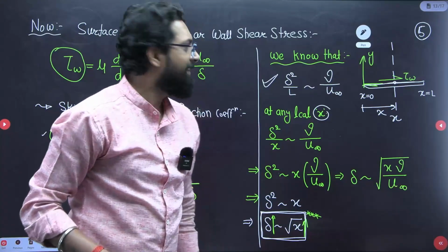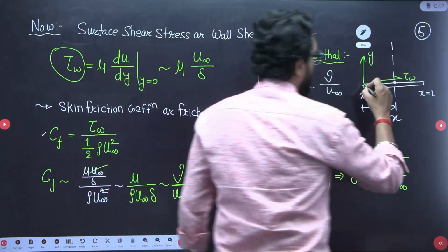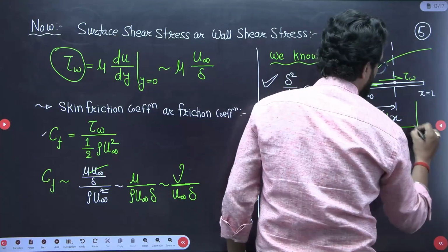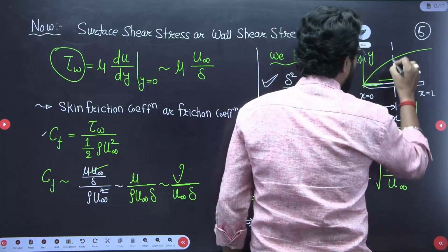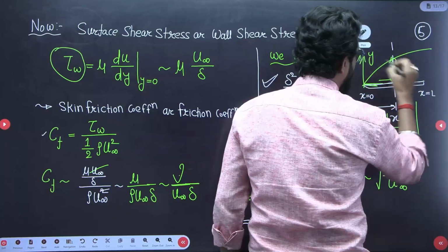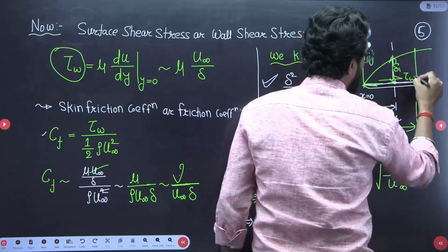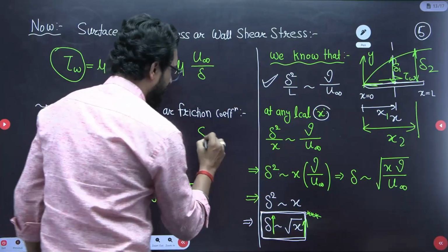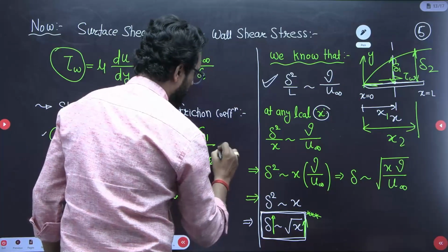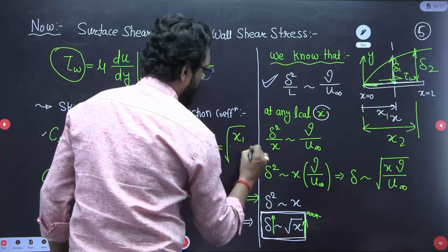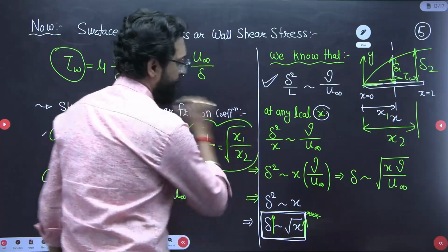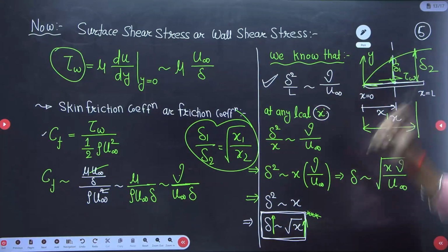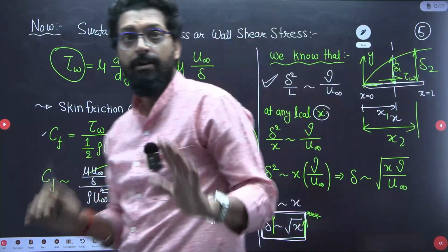Suppose this is x1 distance and this is x2 distance, and at x1 the delta 1 is given and you have to find delta 2 at x2. You can use this relation: delta 1 by delta 2 is equal to the square root of x1 by x2. And you can find the boundary layer thickness at any location. This is the importance of this lecture.